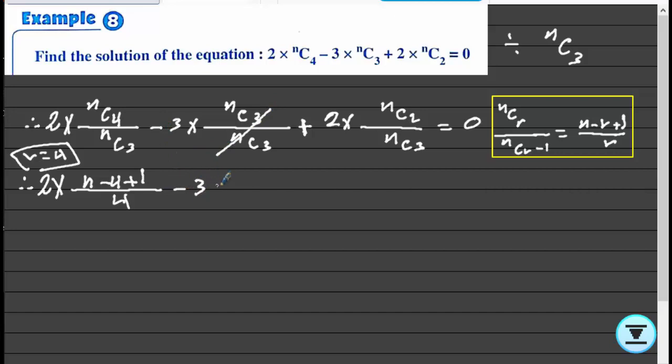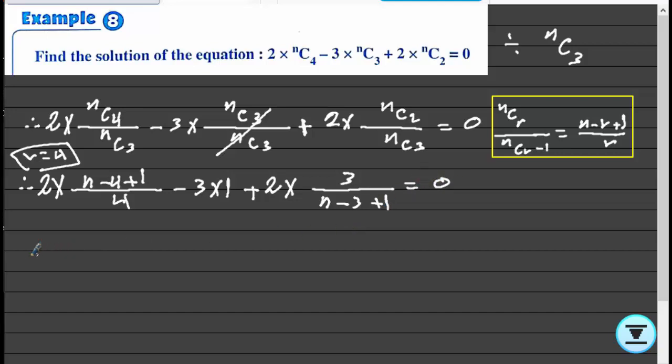So minus 3 multiply 1 plus 2 multiply, here is r equals 3. In this part r equals 3, the greatest one. Okay, so nC2 over nC3 in the denominator, so we will write the reciprocal of this fraction considering r equals 3. So we have here 3 and here is n minus 3 plus 1, all equals 0.